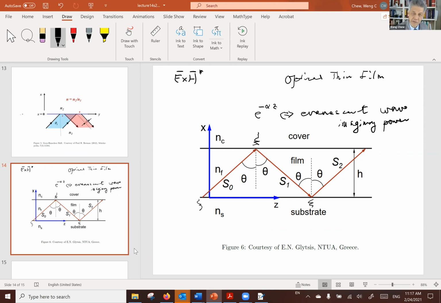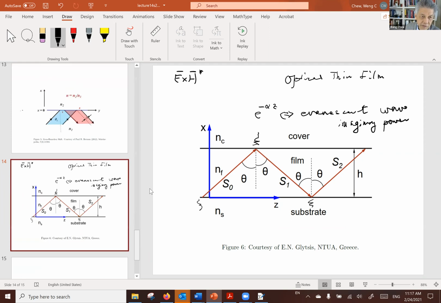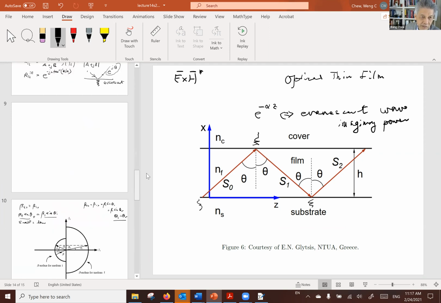And when you have an evanescent wave in the upper region, you will find that the power is purely imaginary, which means that it can only carry reactive power.